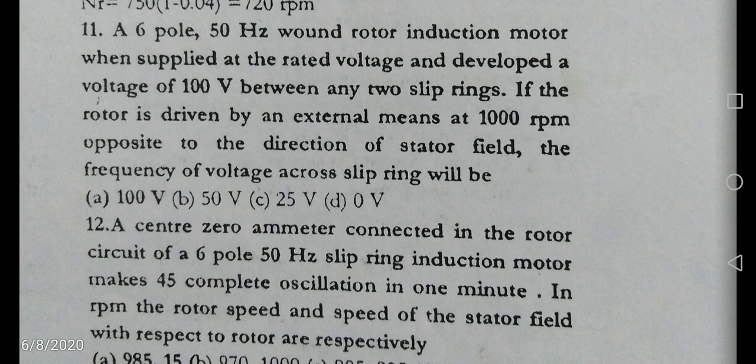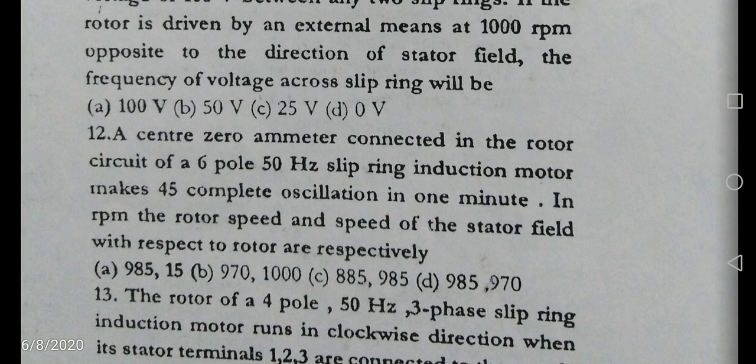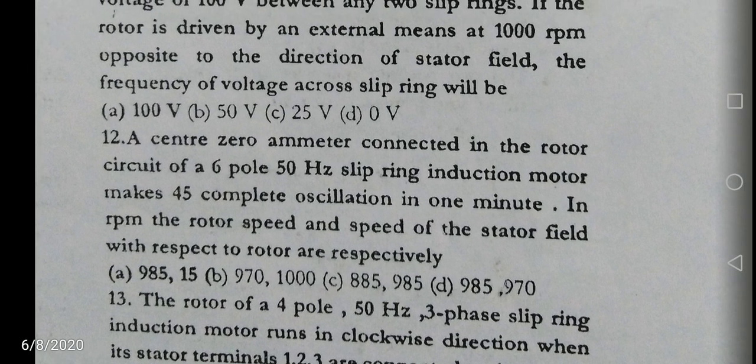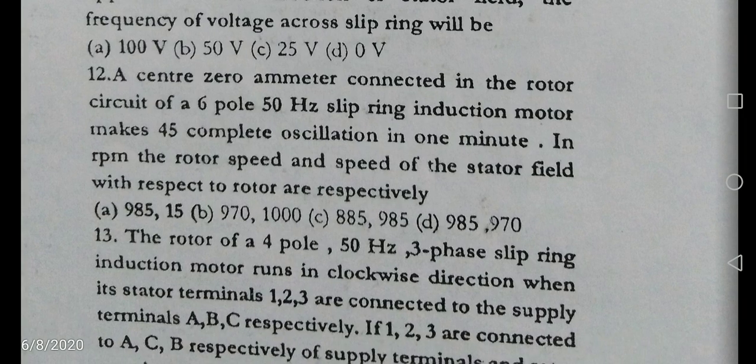The rotor is rotating at 1000 rpm in the counter direction. If it is not driven by any external means, then the voltage between the slip rings will be 0. But the answer is 100 volts because it is driven by some external force.